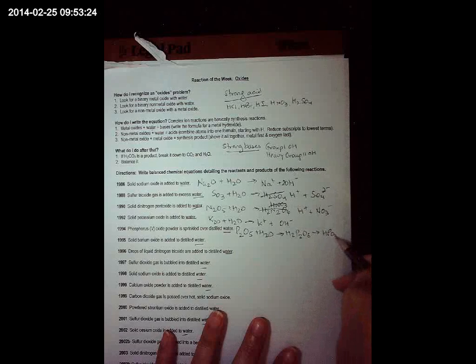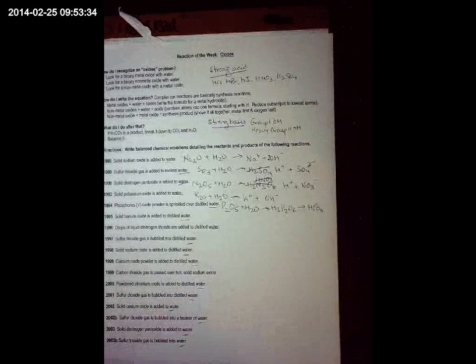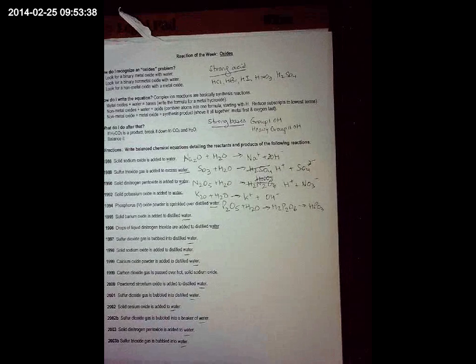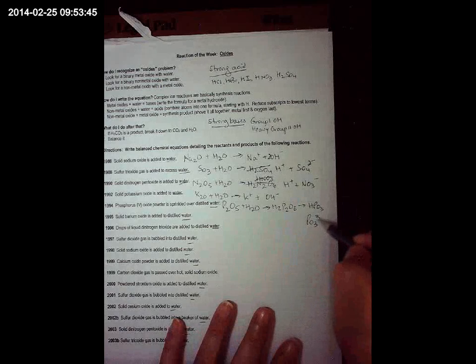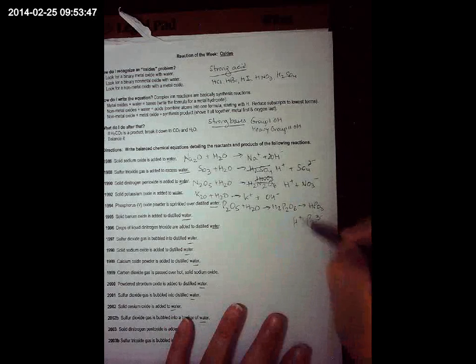If I reduce that, what do I end up with? Ooh, that doesn't make sense, does it? What's the charge typically for phosphite? This one kind of stinks. You can't have that, because the charge for phosphite typically is 3 minus, and the charge for hydrogen is 1 plus.